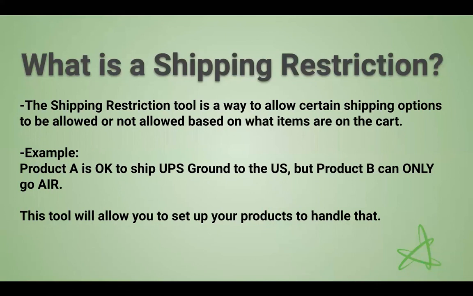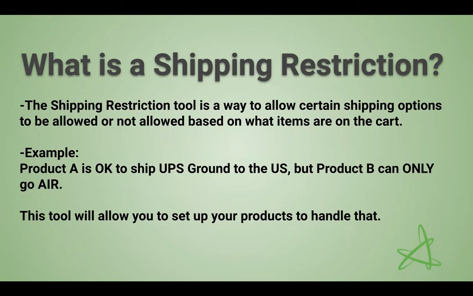You've gone through each one of those zones and defined what all the shipping options are, whether that's UPS real-time rates, or FedEx real-time rates, or the Postal Service, or whether you've hardwired your own shipping to be $5 flat rate, whatever you've done. You can take all those options and go one step beyond that and actually restrict which options show up in that zone depending on what items are in your cart.